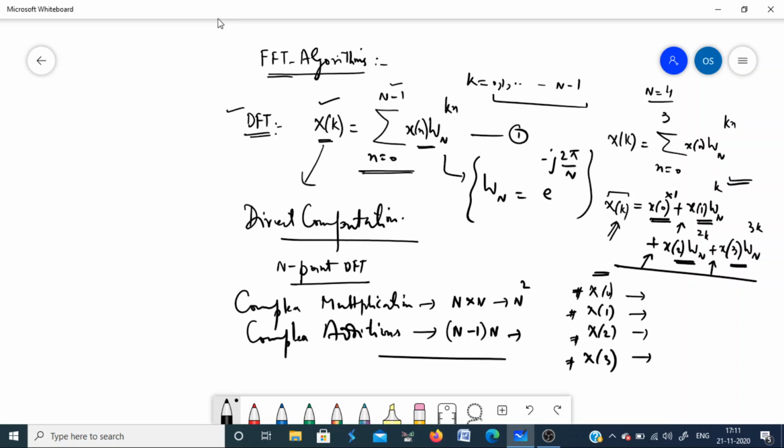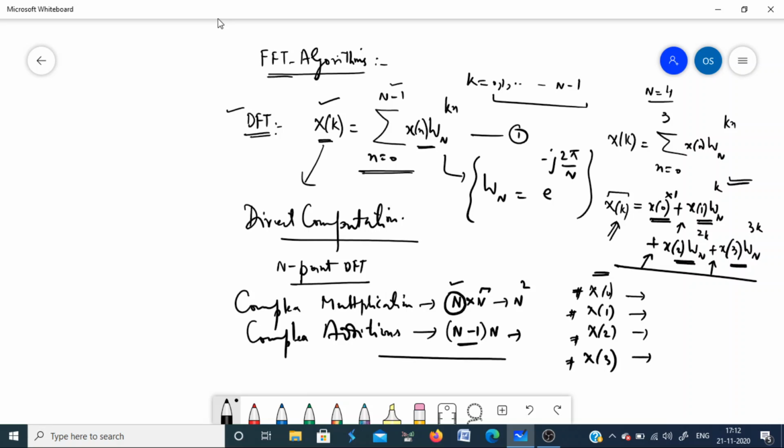So N is the total number of output samples, and this N, capital N, is the number of multiplications you need to compute a single sample of DFT. So the total number of multiplications is N square. Similarly, to compute one sample of DFT, you need N minus 1 additions, and since there are a total of N samples, the total number of additions will be N into N minus 1.